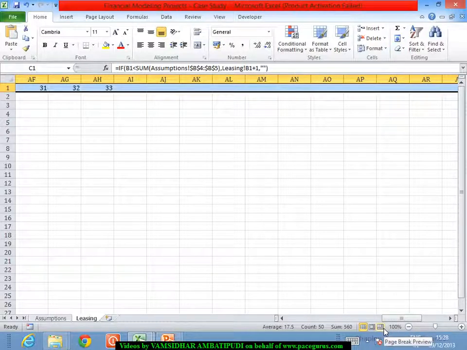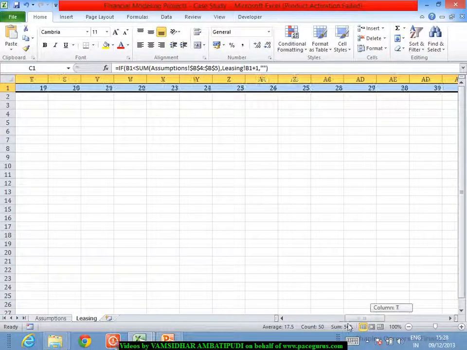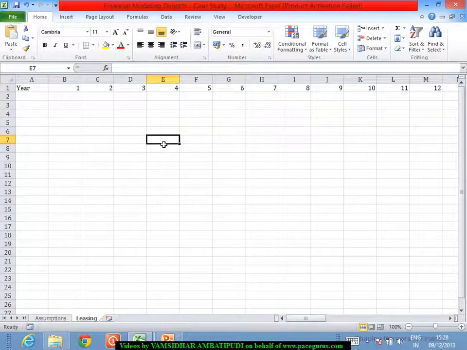But this is showing 33 only as far as the years are concerned, and after that it is showing me a blank. The reason being, our formula is applicable only as long as the years are less than the number of years. This is the kind of consistency we have to bring into the formula.